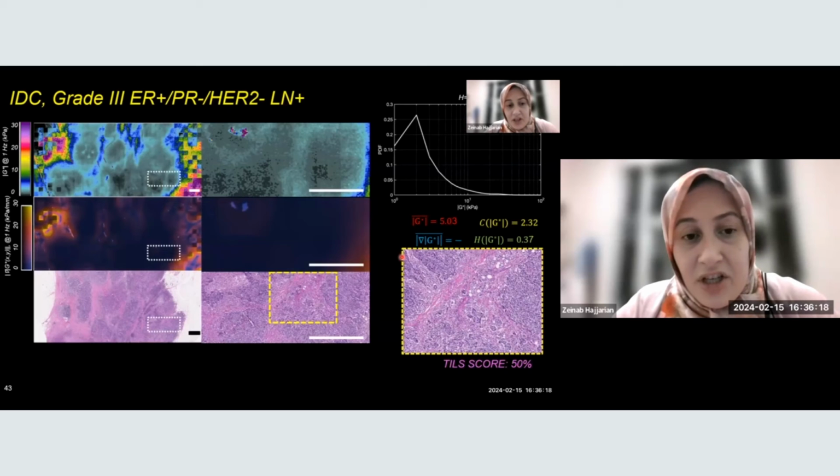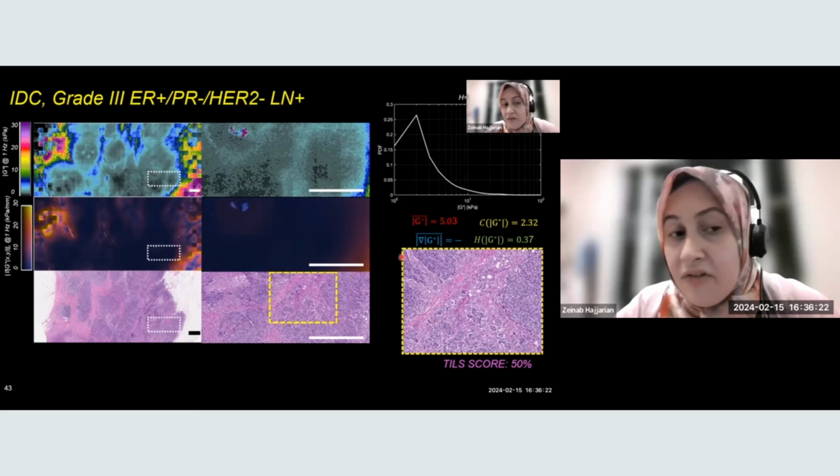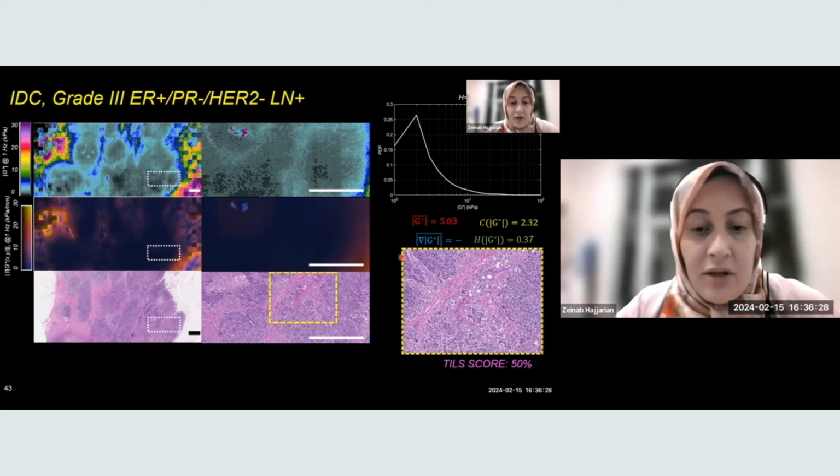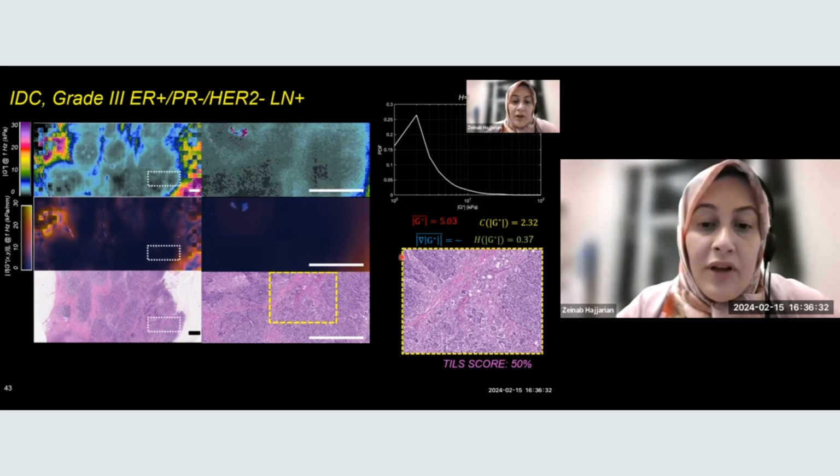The other observation is that, in this other case, you can see that the tumors are serially becoming softer, whereas the concentration of TILs is increasing in them. So this is a tumor that has 50% of its stroma covered by immune cells. There's a lot of influx of immune cells into this tumor, and it's a softer tumor.